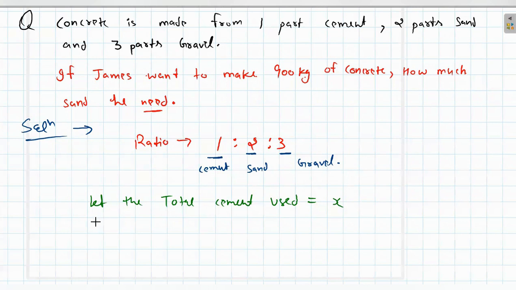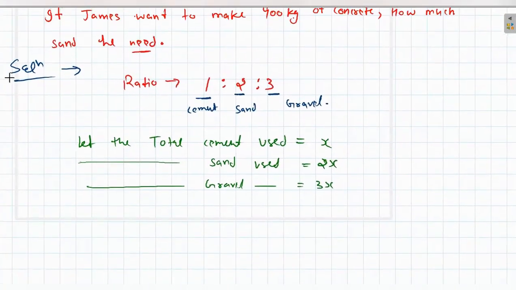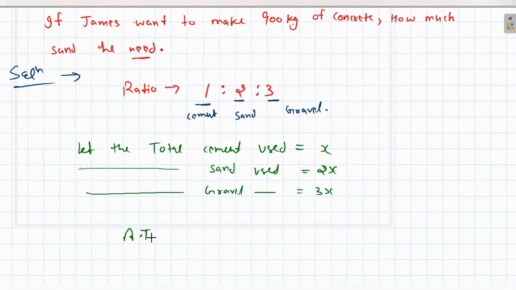So the total cement used is x, the total sand used is 2x, and the total gravel used is 3x. According to the question, he wants to make x plus 2x plus 3x equals how much? He wants 900 kg of concrete.